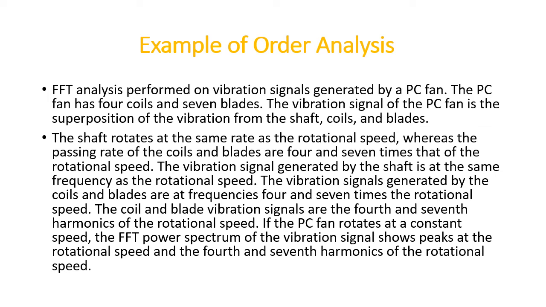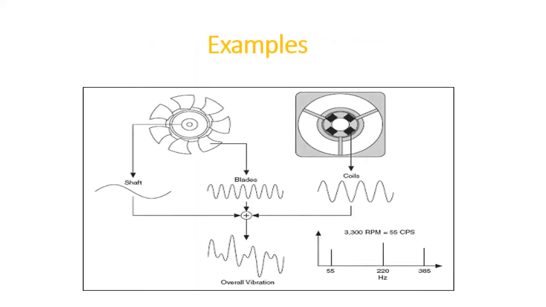Now there is a simple example that is being given. This is a fan that you can see. This is a shaft, and there are a total of seven blades to it, and there are four coils here.